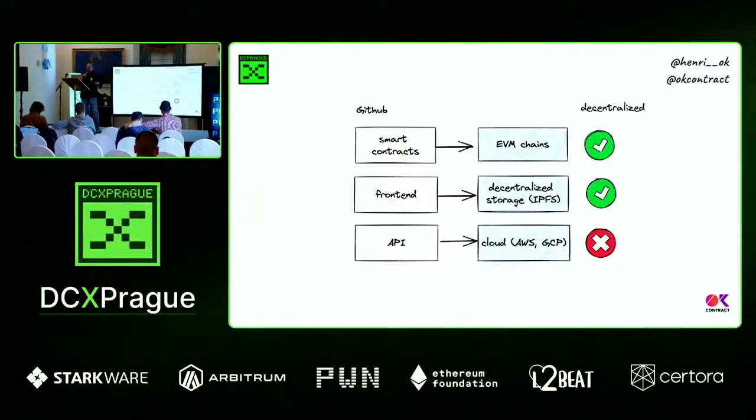So when you're a project, you're writing your smart contracts, you deploy them on chain that can be properly decentralized, of course, and there's many talks on the L1 that just finished now. The front end itself, the build artifacts, you can put them on IPFS, but there's also an API which is not decentralized, at least not by default and not quite often.